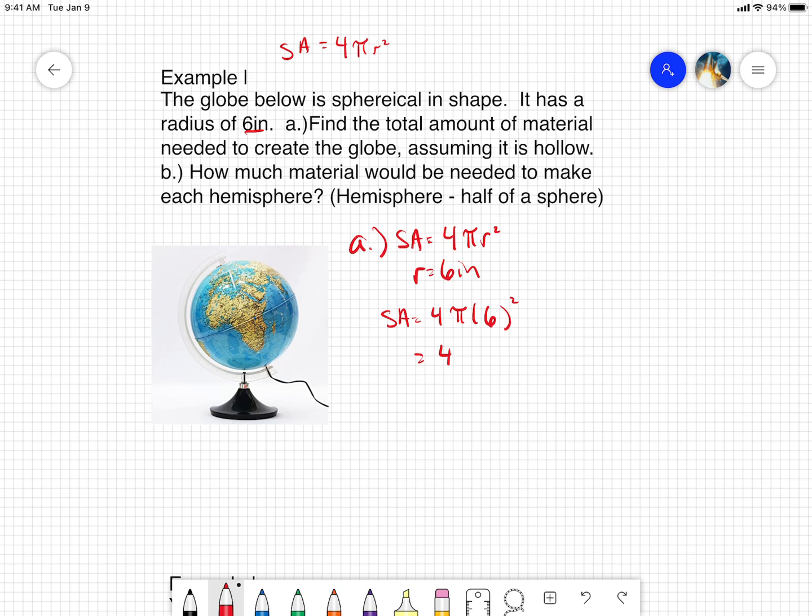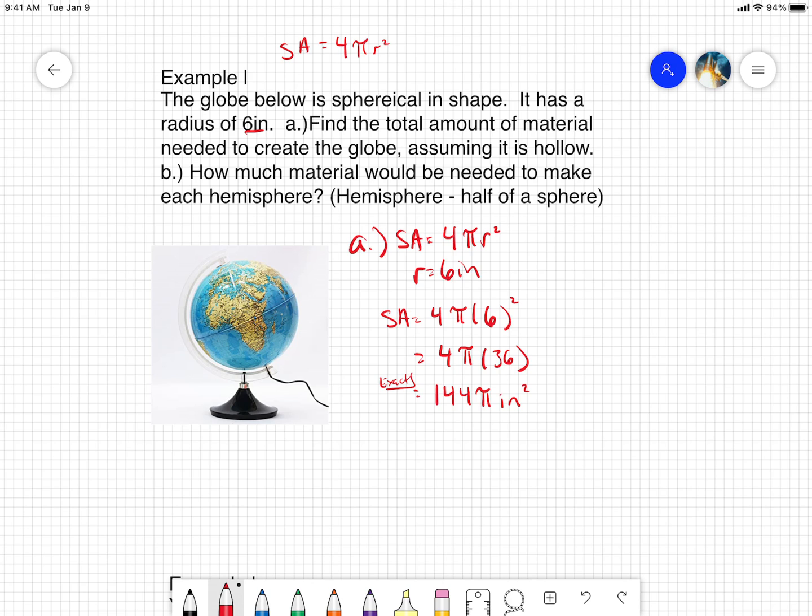So this is 4 pi times 36, which is equal to 144 pi. And so this would be our exact answer. Our exact answer is 144 pi square inches.